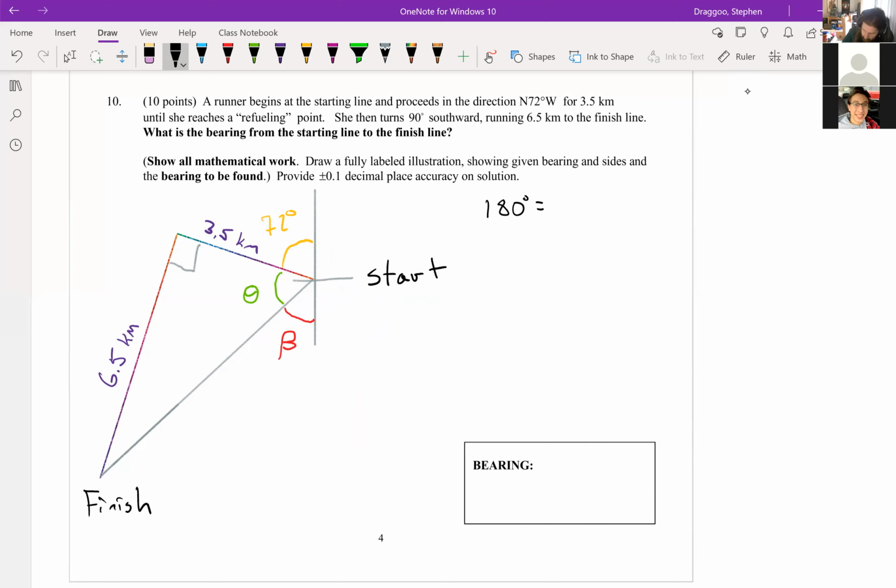So that's looking at our original bearing of 72 degrees plus our interior angle theta plus our missing angle or our bearing angle beta.